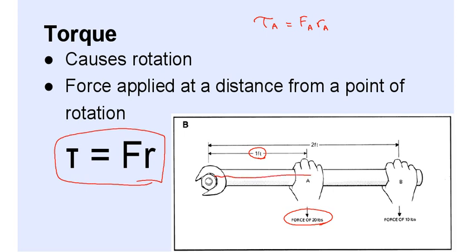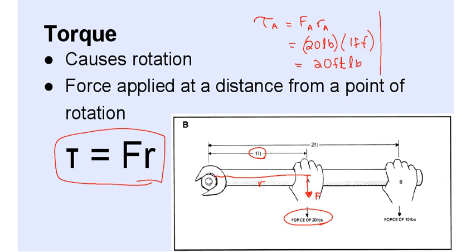My moment arm runs this way, my force runs perpendicular to that, and so that's all we need to do here. In this case, we had 20 pounds, 1 foot, and you can see that would be 20 foot-pounds of torque that I would have if I pulled it 1 foot with 20 pounds.